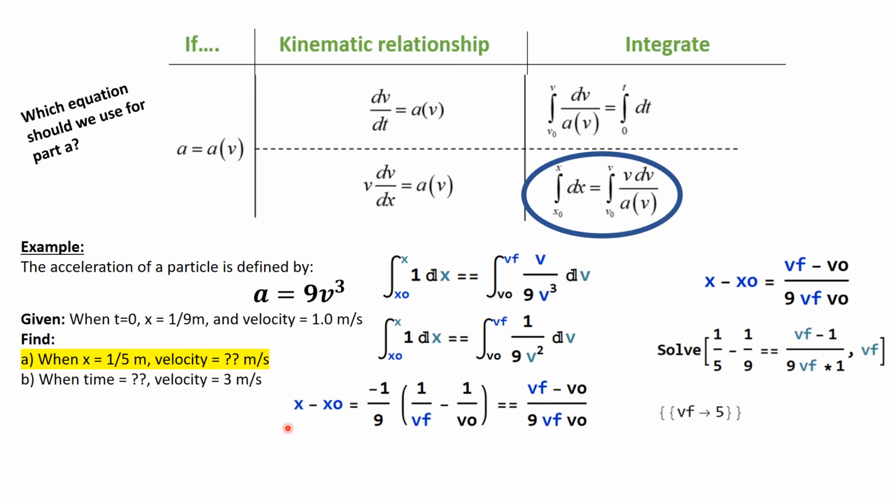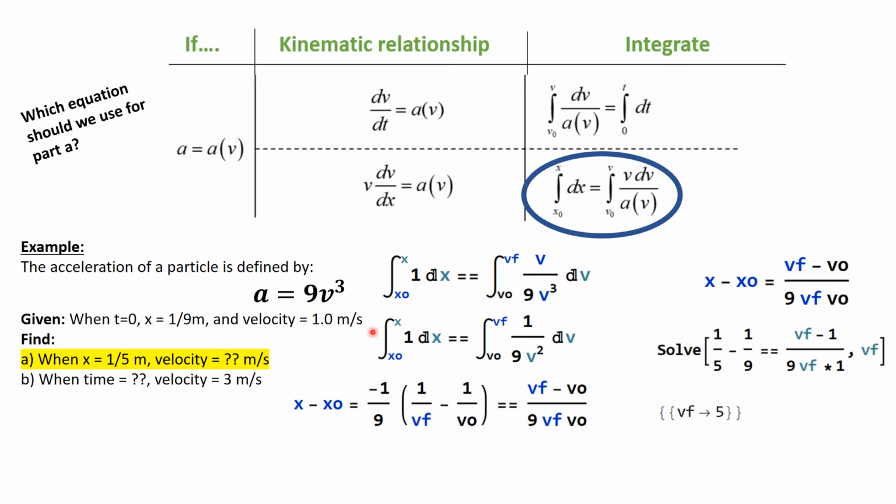Okay, so once we have, here's our final position, final velocity, initial velocity. We have everything related to one another, and then we can just start plugging in values. So initial position is 1/9, that's x naught, x at time 0 is 1/9, and at some later position, x equals 1/5, so there's our change in position.